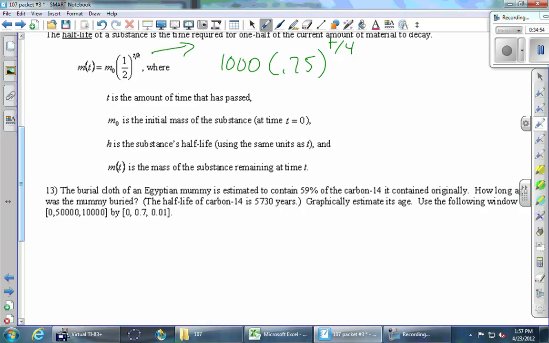But then it wasn't just to the T. Why is it T over 4? Why was there a 4 in this problem? Every 4 hours it happened. So that T over H is kind of like the T over 4. It's not every year that the amount of stuff gets cut in half. It's every 5,730 years. You're going to have to take that T and divide it by 5,730 in the formula.